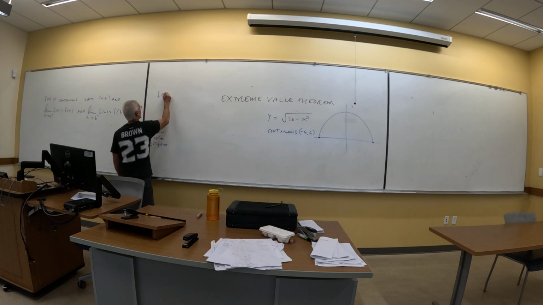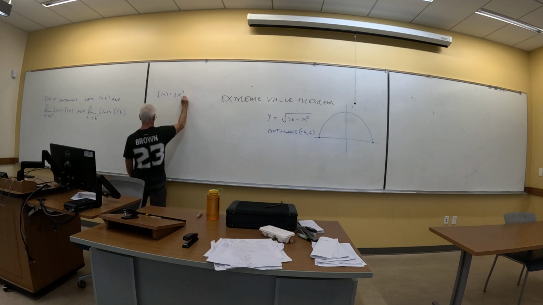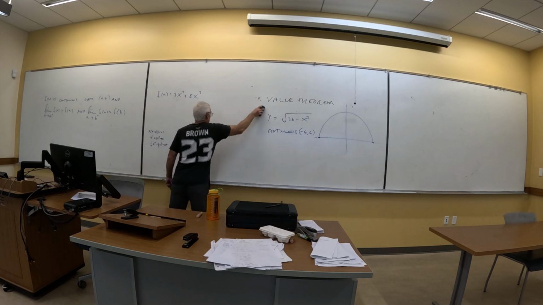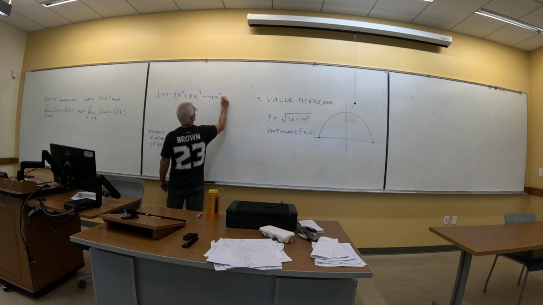All right, let's consider f of x equals 3x to the 4th plus 8x cubed minus 48x squared minus 3.